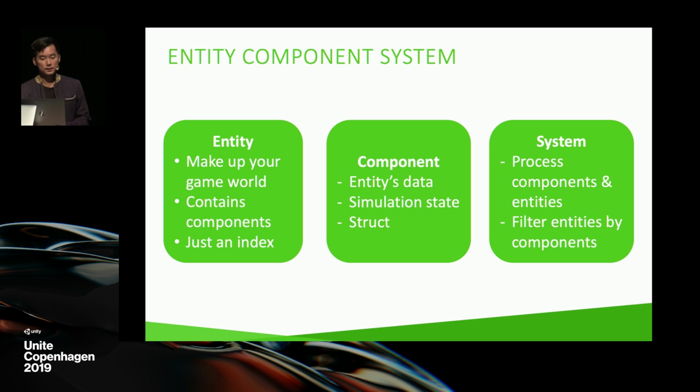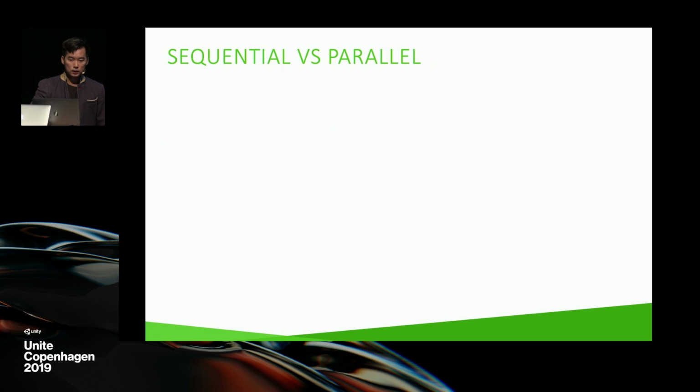What the system does is process components and transform them. It does that by querying, by filtering entities with a specific set of components. For example, if we have a hit point component attached to an entity, the damage system can query all the entities with a hit point component and check if it's less than 0, and if so, it's going to kill the entity. So that is the entity component system setup.